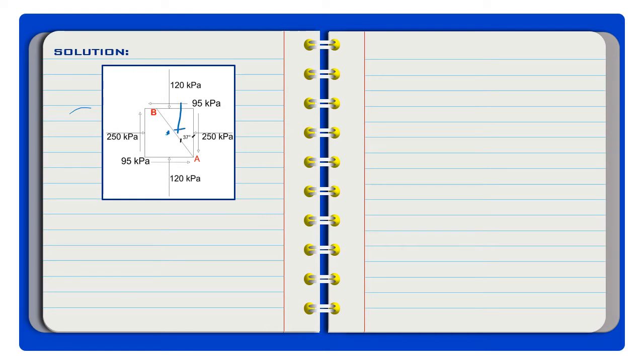So kapag ginamit natin yun as a reference point for the rotation, the stress on the top plane will rotate counterclockwise. Then, the stress at the bottom plane will also rotate counterclockwise. So that means the stresses on those planes will be positive.